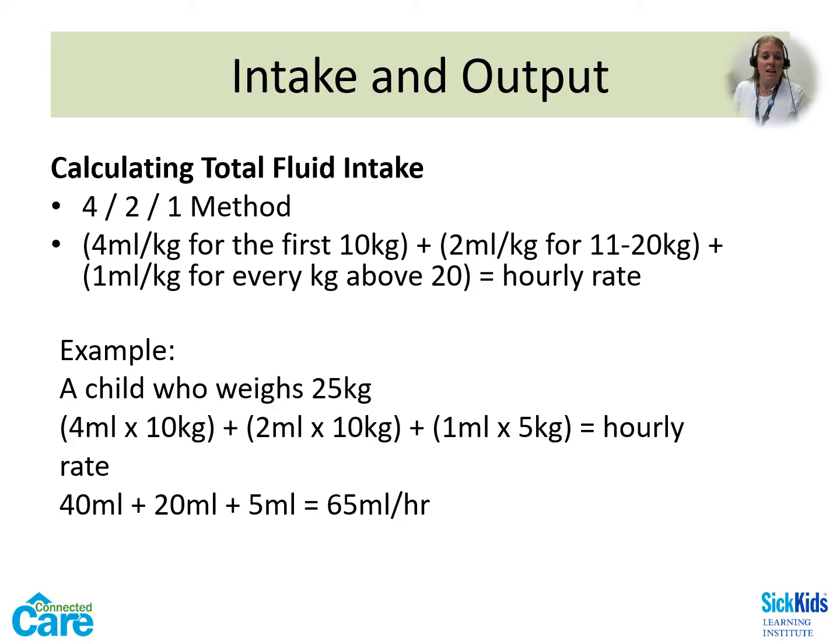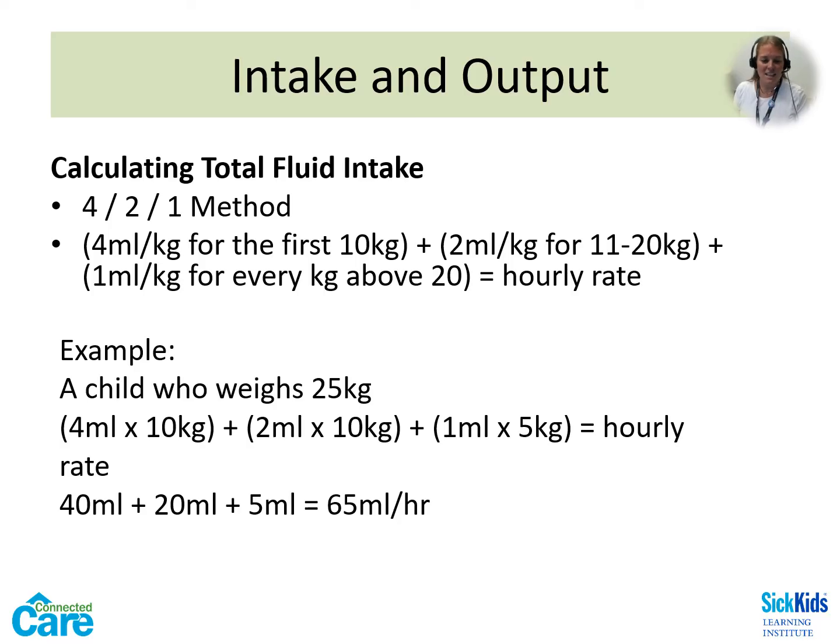This looks at 4 milliliters per kilogram for the first 10 kilograms, to which you would then add 2 milliliters per kilogram for the next kilograms from 11 to 20, and then 1 milliliter per kilogram for every kilogram above 20, and this will give you an hourly rate.